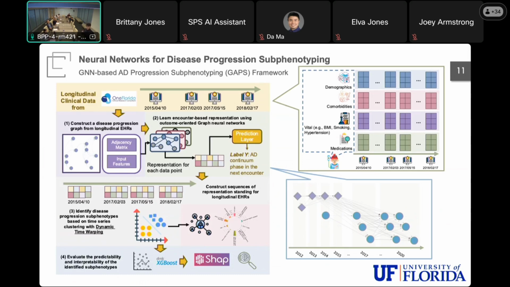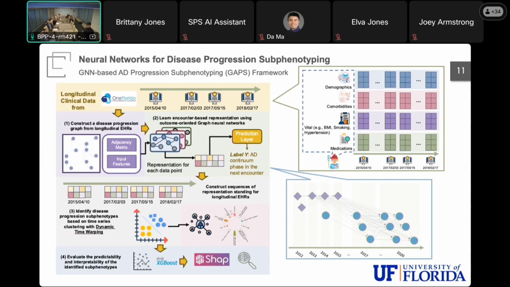So we then use this longitudinal EHR to construct a disease progression graph. An example is shown on the right side. You can see that each node in this graph represents a single encounter, and the shape and the color differentiate the patients. So there are two distinct patients in this example. The edge links two similar nodes, which means that these two encounters have similar factors, or say similar clinical information.